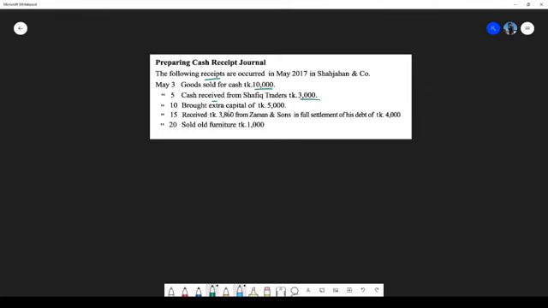Brought extra capital 5,000 taka, and received 3,800 taka from Zaman and Sons in full settlement of his debt of 4,000 taka. So you have received 3,800 instead of 4,000, which means you are allowing some discount. Sold old furniture for 1,000 taka. See, each of these transactions has two impacts. So this is the question, and we will have a look at the solution now.